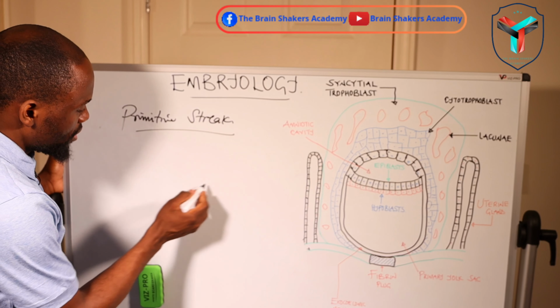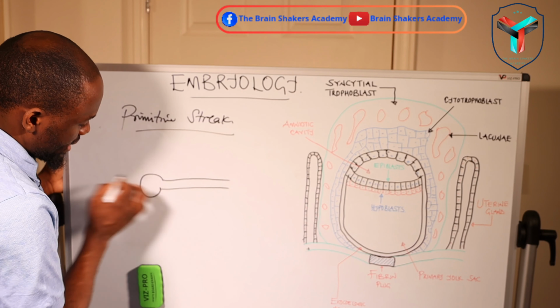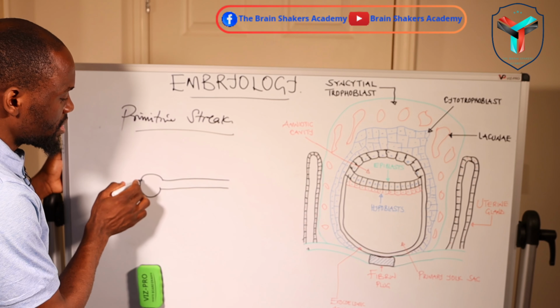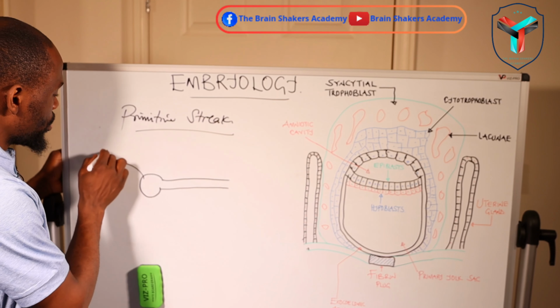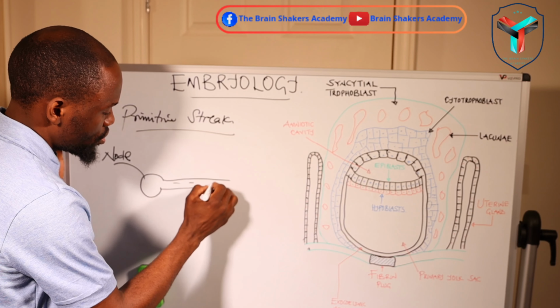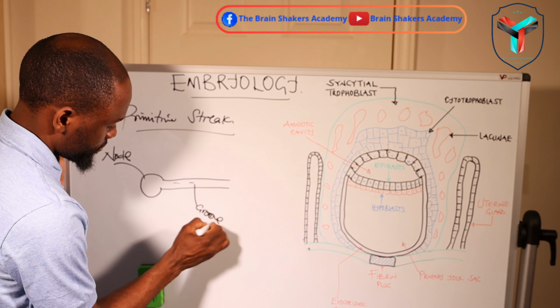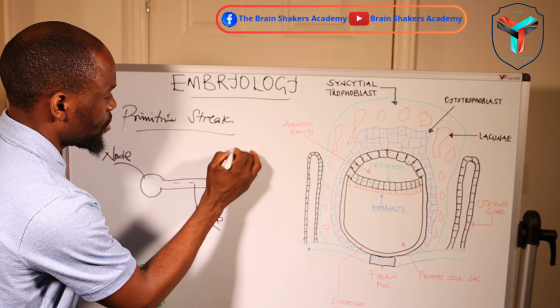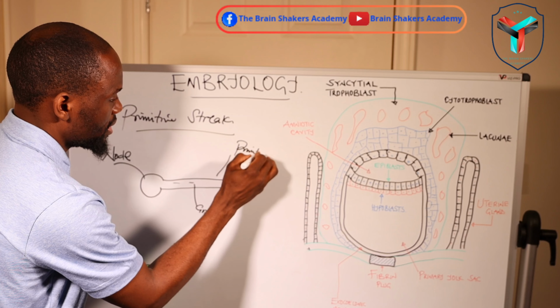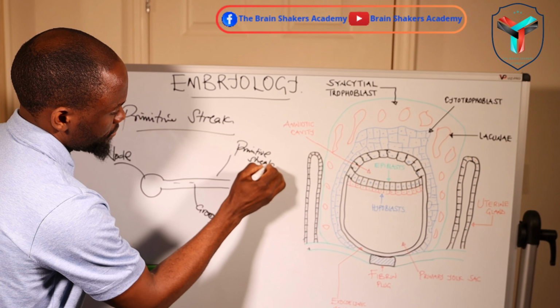It will appear more or less like a groove, with a head like this, and then you call this the primitive node. And then in between here, you're going to have what we call a groove. Okay, and then this whole thing is now referred to as the primitive streak itself.